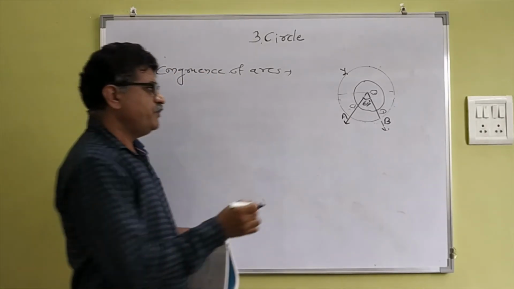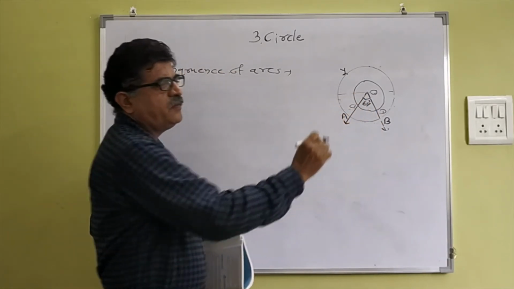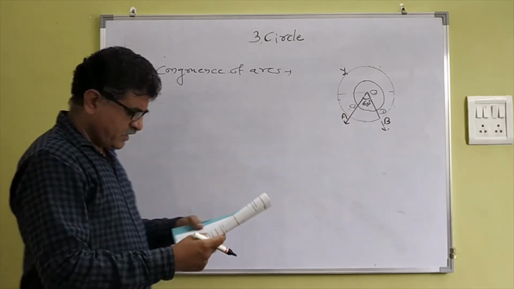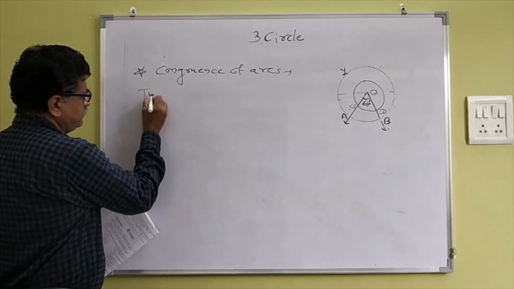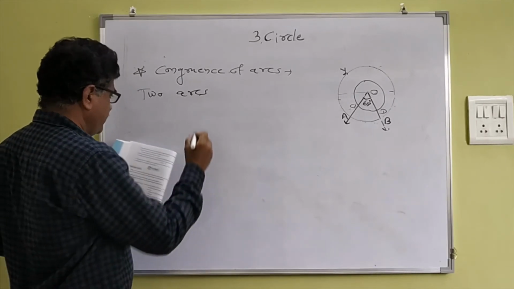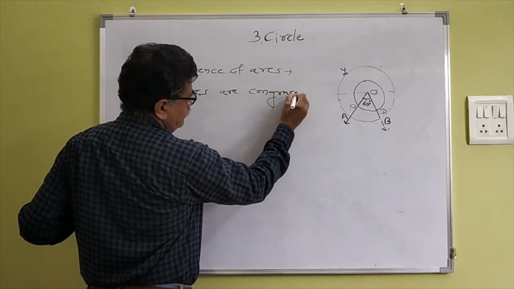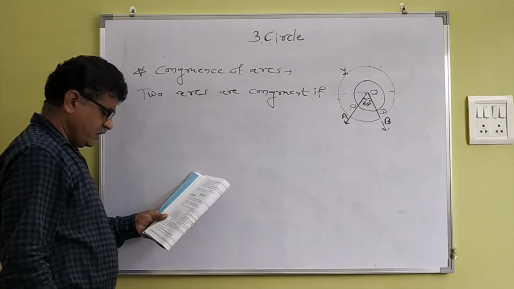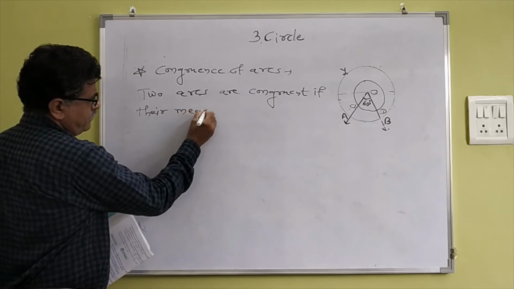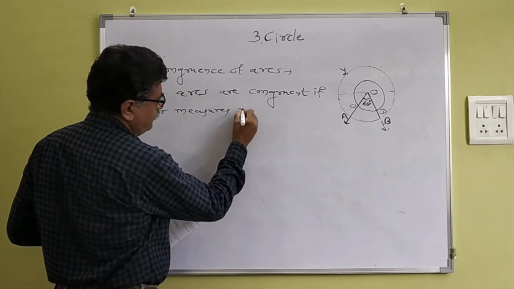If the measures of two arcs are equal and their radii are also equal, then those arcs are called equal arcs. Write down: two arcs are congruent if their measures and radii are equal.